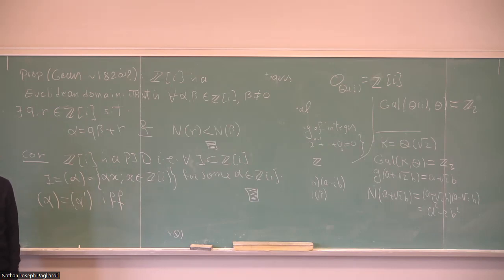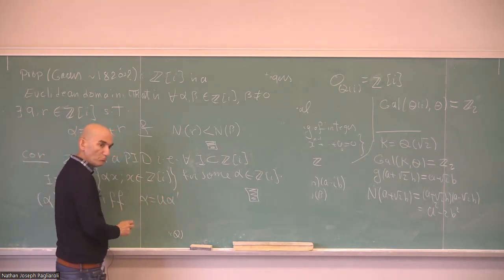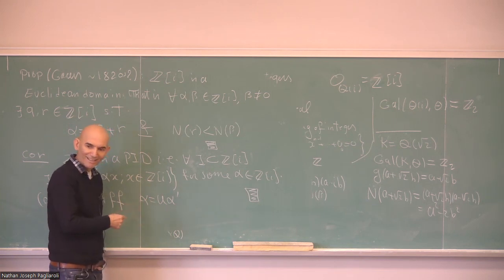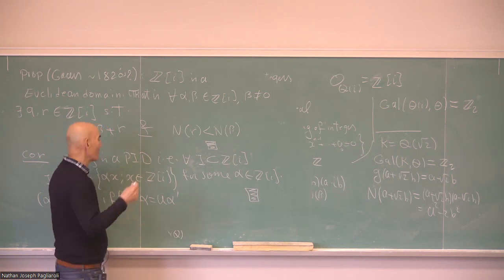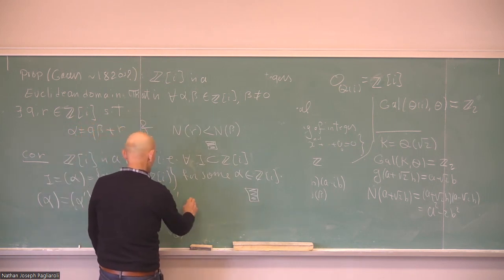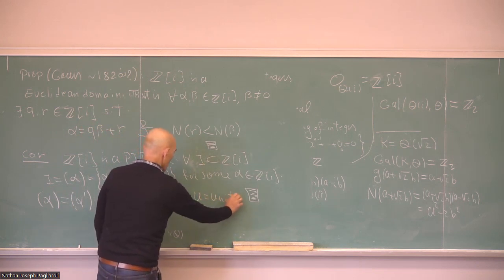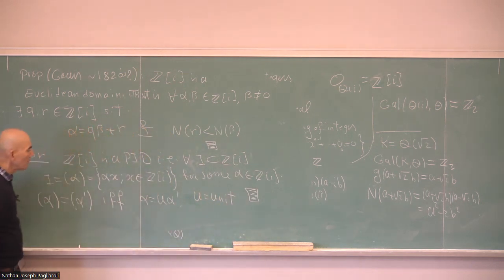They differ by a unit, exactly. The ideal (alpha) is equal to the ideal (alpha prime) if and only if alpha is equal to u alpha prime, where u is a unit. They are associates. These are called associate numbers, but u is a unit.